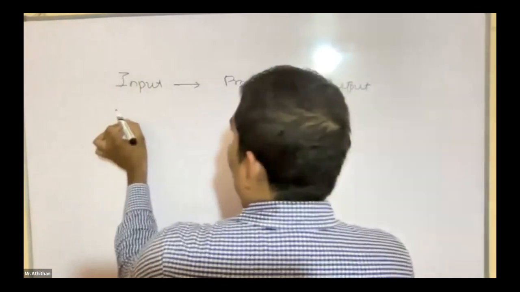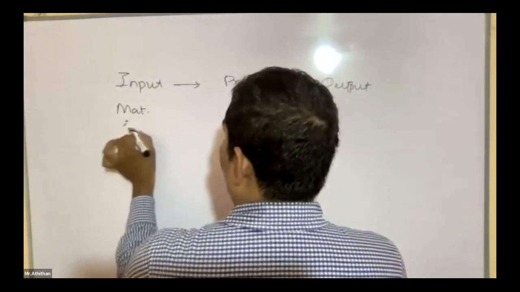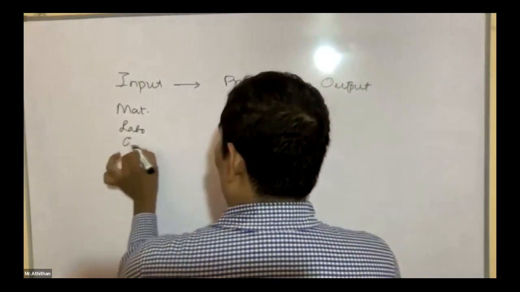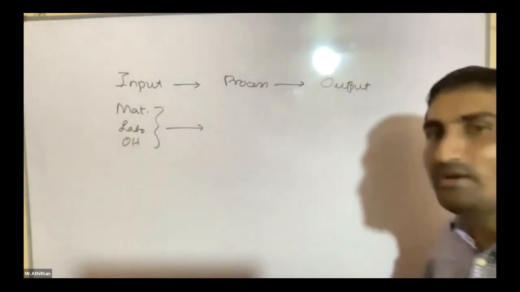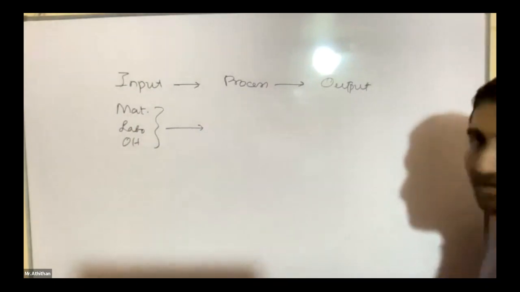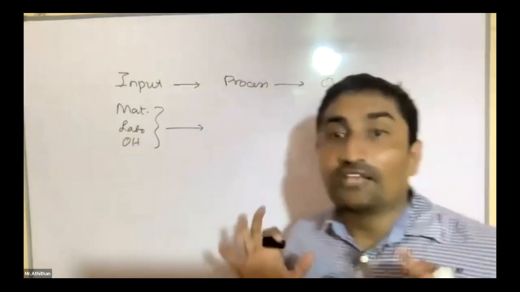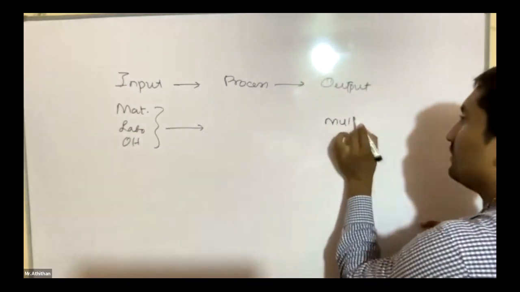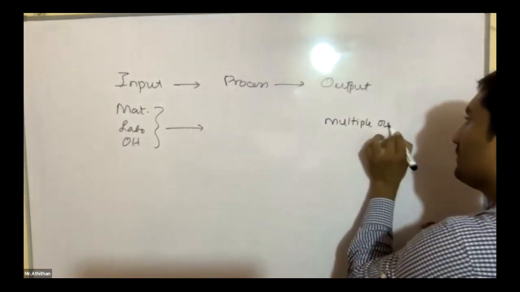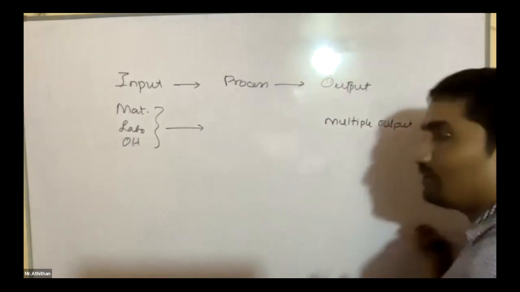For example, material, labor, overhead, all these are taken for different processes and we have the output. Sometimes it will be multiple output, right?